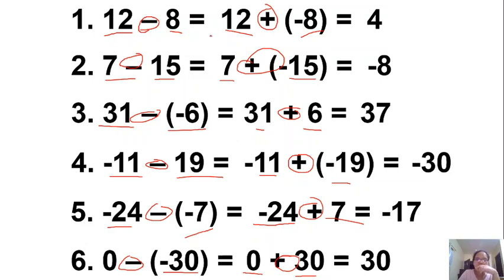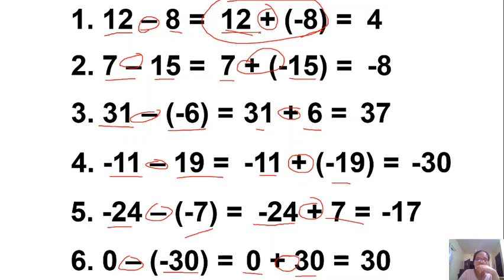Now, since we have already changed the operation from subtraction to addition, what we do next is to apply the rule on addition of integers. So if you're following the lessons previously, when we add integers, if they have different signs, we get the difference.